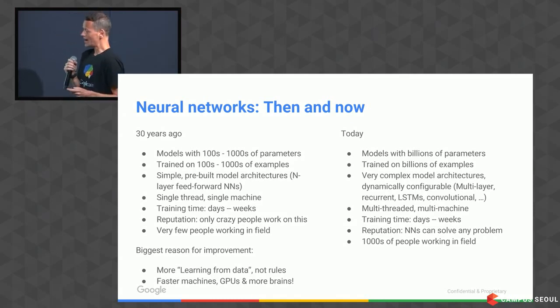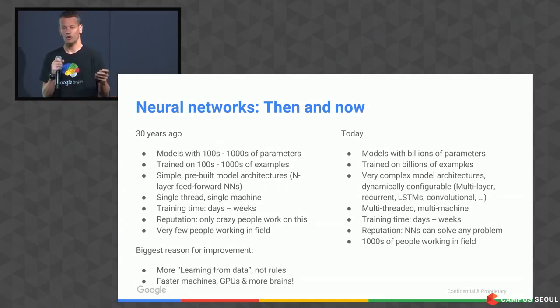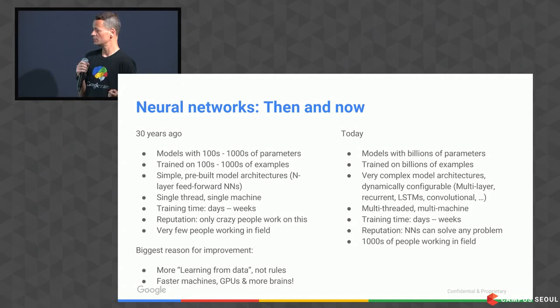So why did it improve so much, right? And I think the two biggest reasons are that it's more learning from data. So it's the machine learning approach and not rules that has been applied more and more. And also a very big reason is just faster machines.